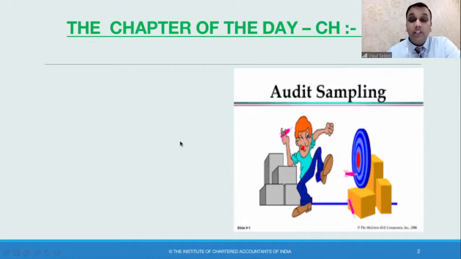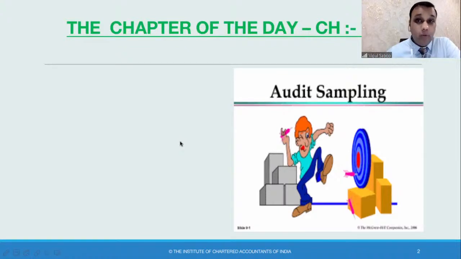And in today's era, in the era of digitization, numerous volume of transaction, heavy volume of transactions, right? This particular chapter finds its importance, audit sampling. How do we use that particular process in our audit? Is it safe?